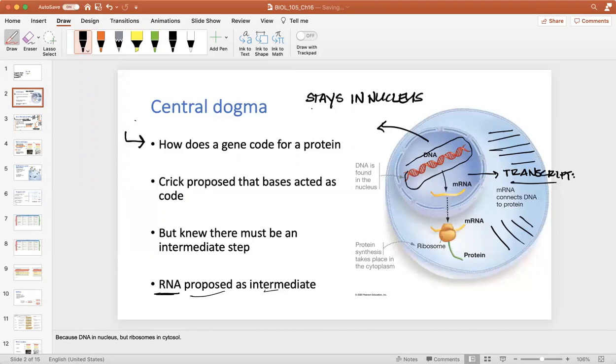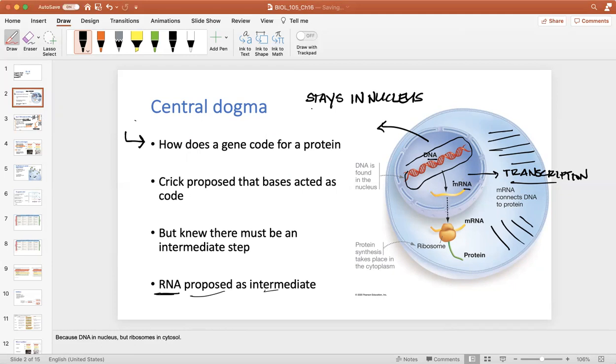Sorry, I'm just trying to spell that out. So when you think about the word to transcribe something or the word transcription, that usually means that you're making an exact copy in the same language of something. So here we're talking in the language of nucleic acids. Yes, we're going from DNA to RNA, but we're still in a nucleic acid language. So we're transcribing this message exactly into another nucleic acid type.